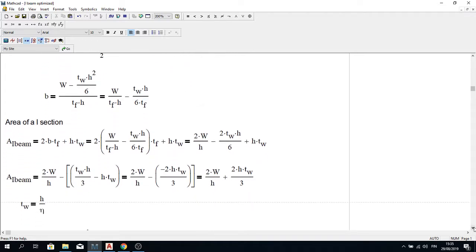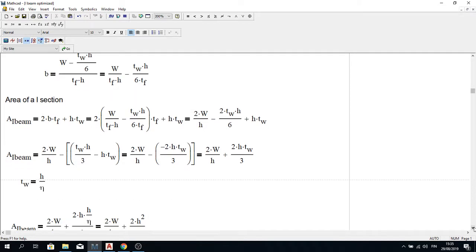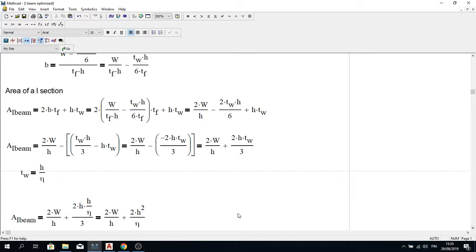And we all know the area of the I-beam is 2 times the breadth of flanges times thickness of flanges plus h times thickness of web, and it will be like this. And when we do the further calculation, this will give us this value over here.